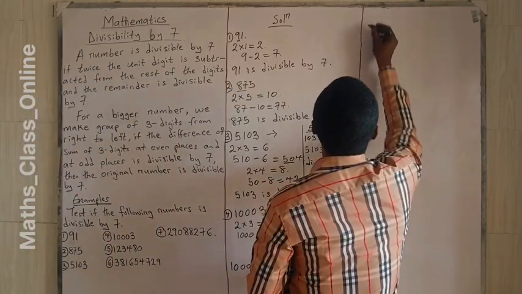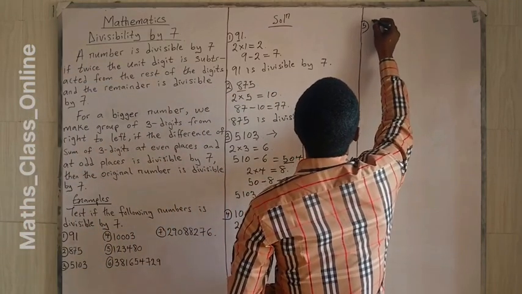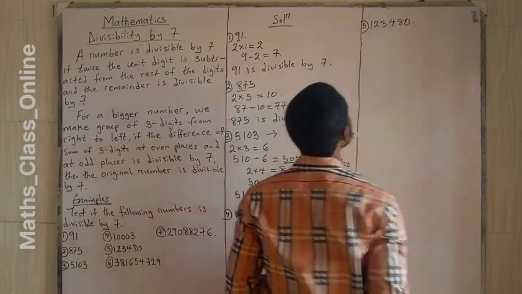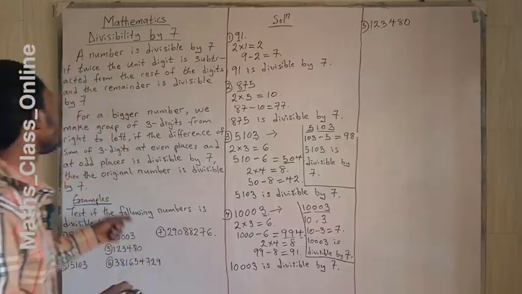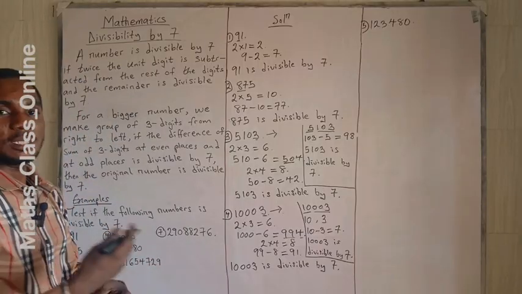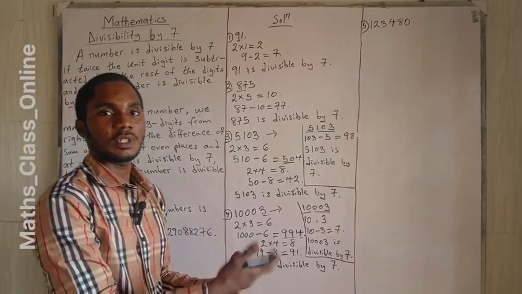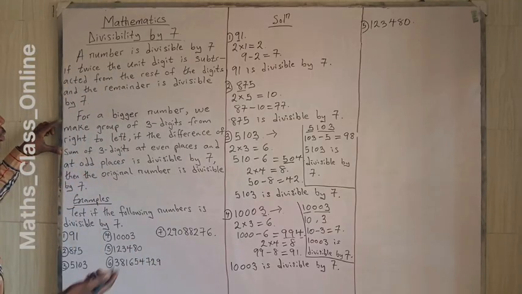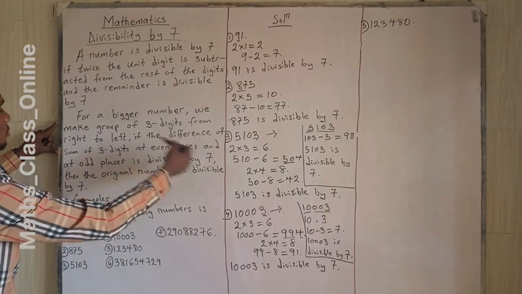The next number we have here is what? 123480. If we use the first rule here, we are going to repeat at least 4 times. But let's go for what? The second rule. What are we going to do? We group 3 digits from the right.